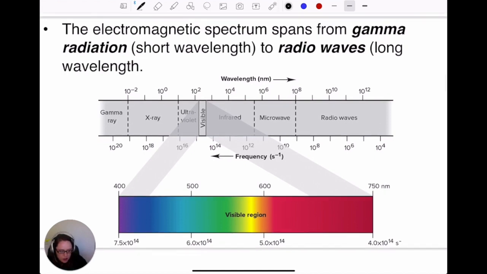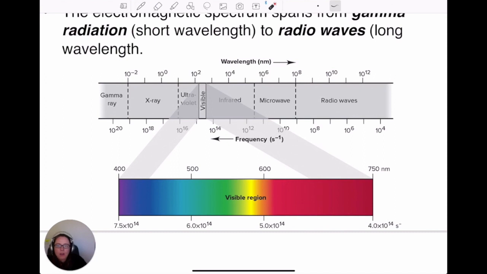So this figure shows you going from increasing wavelength. We're starting at very short wavelength, so less than 10 to the minus 2. This is actually in nanometers instead of meters, so note the units here.